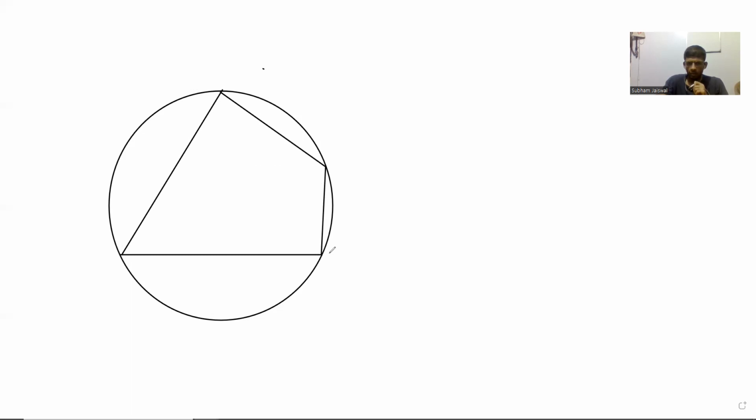See, the kind of results you're proving, we're not assuming anything other than that they are cyclic, or we are proving that they are cyclic. So I want you to show that this angle is equal to this angle. This is also a standard theorem, but we will prove it using what we have already done.